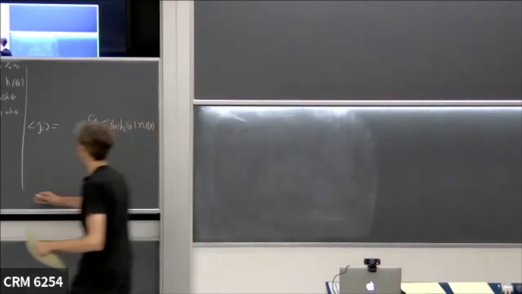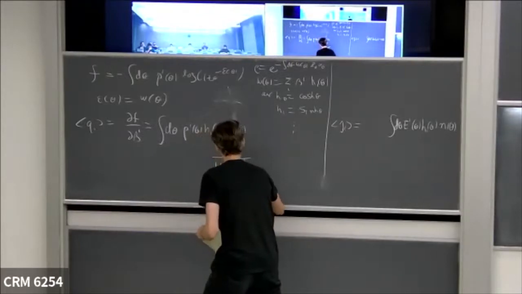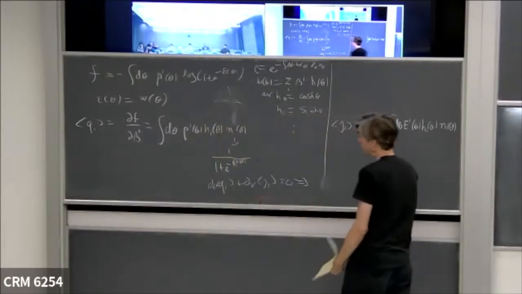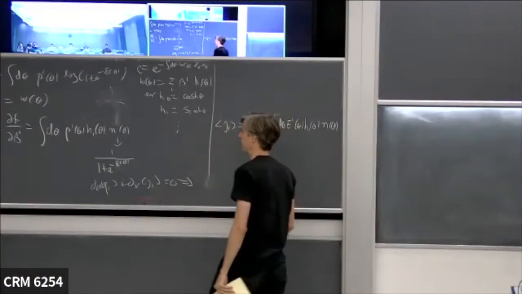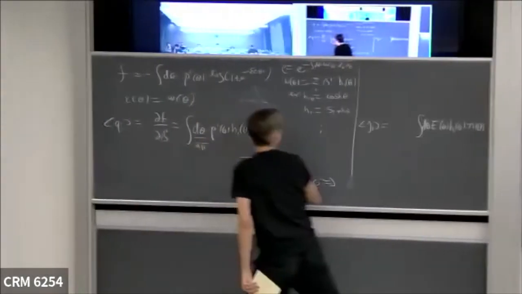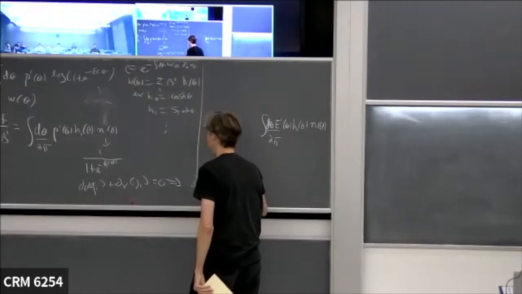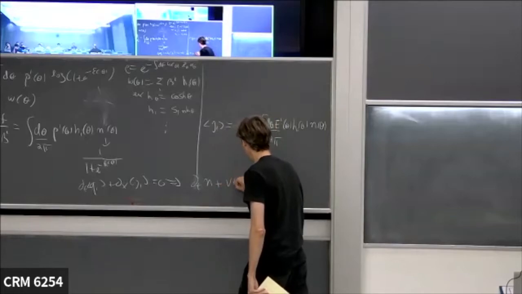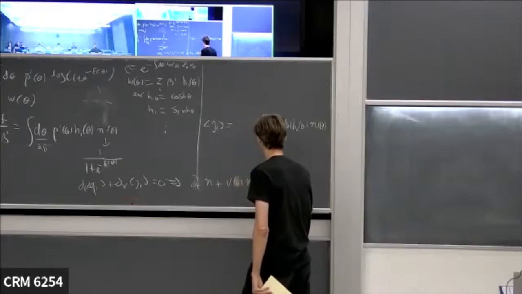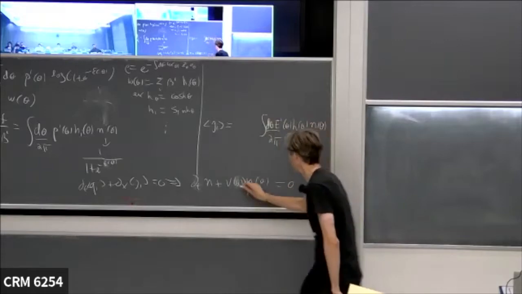And then you just have to write down your equation of continuity, which implies the continuity equation for this n. I had called it rho, but I'm going to call it n now. If I want to be precise, there's a factor of 2 pi, but it doesn't matter too much. So now we have d t of n plus the velocity v of theta, which depends on theta, x, t, times d x of n, equal to 0, where v is the group velocity.